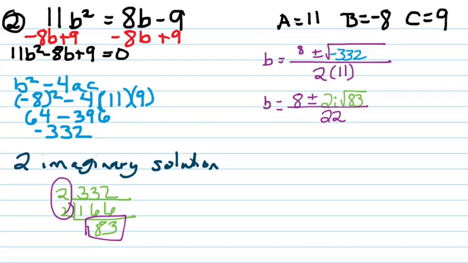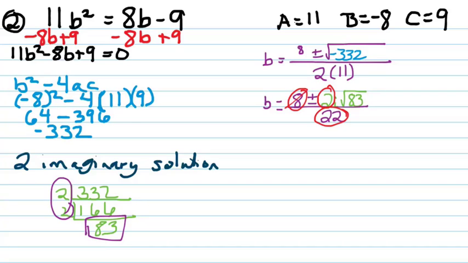And so when we simplified this, it came out with 2i on the square root of 83. The other thing I went ahead and changed is I changed the 22 to 2 times 11. Now, is there a common factor all the way through? So is there a number that can divide into these numbers all the same? And in this case, the answer is yes.